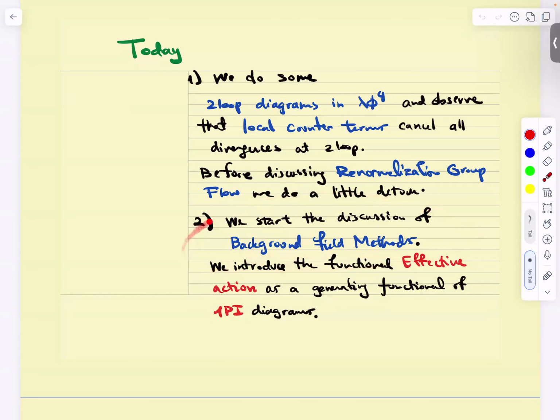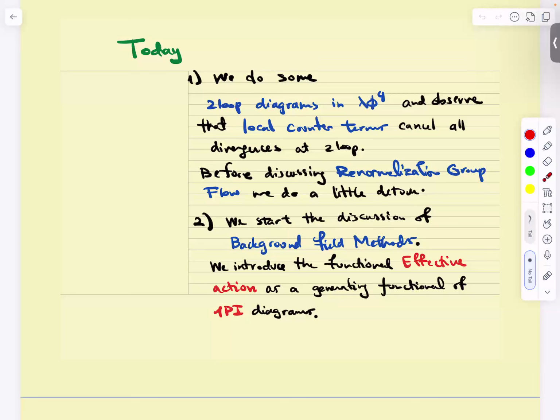It's called background field methods, and the hero of the game here is a functional called effective action, right? And its raison d'etre is the generating functional of the 1PI diagrams. So we're going to define what the effective action is, and then I'm going to not prove, but argue, at least for the low point functions, that it is the generating functional of 1PI diagrams.